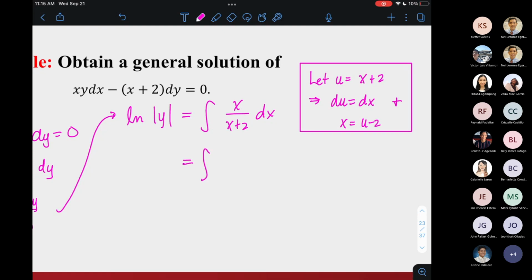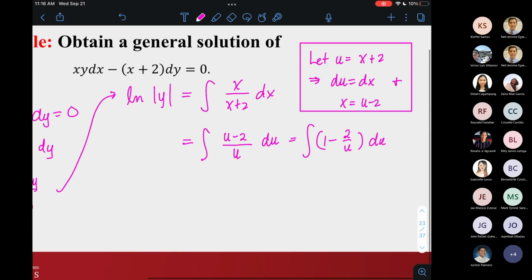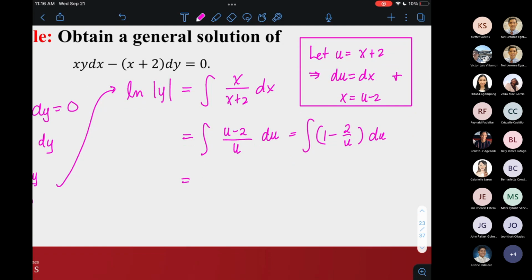So I'll have integral of u minus 2 all over u du. I can further rewrite it as 1 minus 2 over u times du. Tapos, mag-i-integrate na ako. Madali na itong i-integrate kasi difference na lang siya ng dalawang functions. So its integral would be u minus 2 ln of absolute value of u plus the arbitrary constant c.